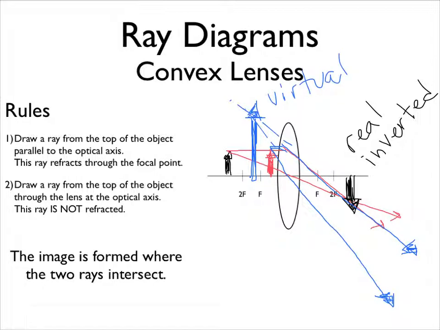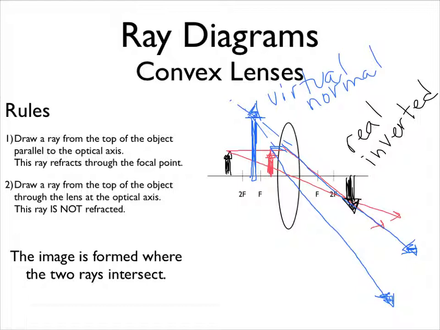because it is not created by the light rays actually passing through it. And so unlike our black arrow, this blue arrow could not be projected onto a screen. It is a virtual image. It is, however, in the normal orientation. It is formed above the optical axis. And so this one would be virtual, but it would have a normal orientation rather than inverted.